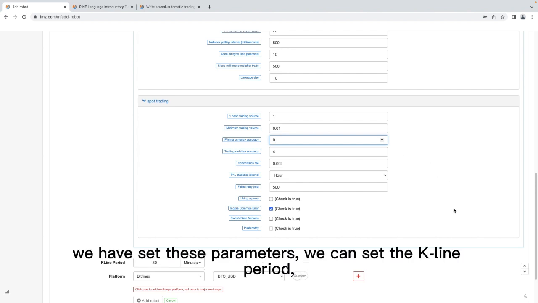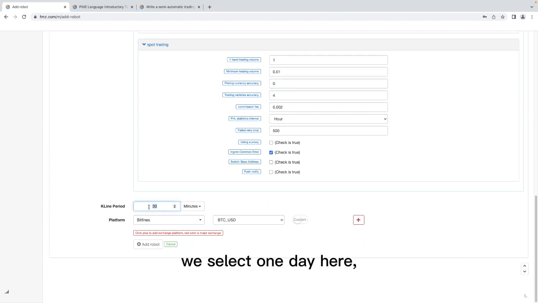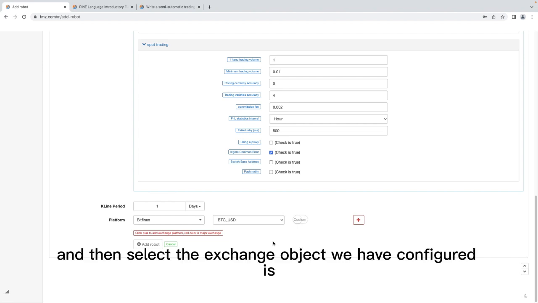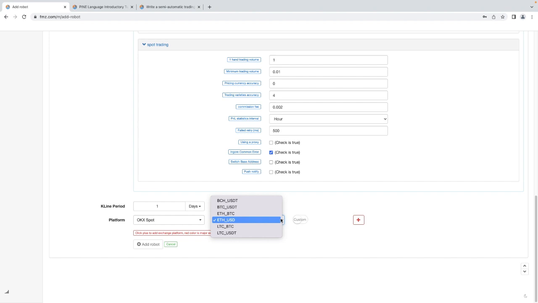After we have set these parameters, we can set the K-line period. We select 1 day here. And then select the exchange object we have configured, OKX spot, and here the trading pair is ETH USDT.